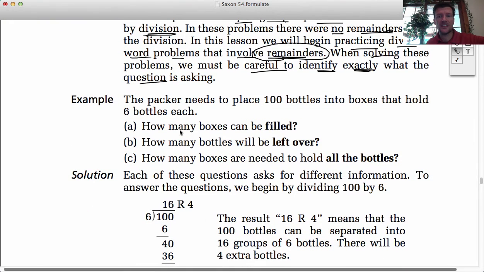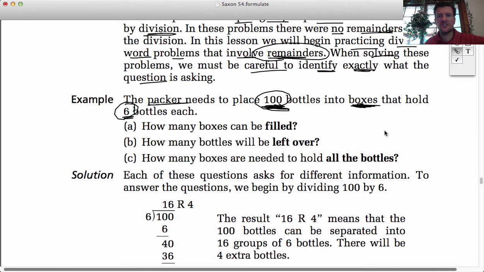Okay? So here's an example. It says the packer needs to place 100 bottles into boxes that hold 6 bottles each. So notice as I'm reading through this, I'm underlining or circling some things that draw my attention, things that I feel like I should focus on. So there are 100 bottles, and he's going to put these into boxes, and each box holds 6 bottles.